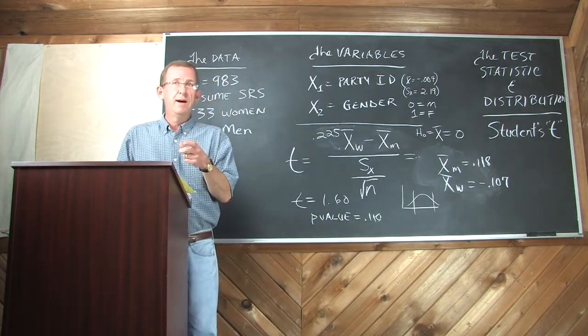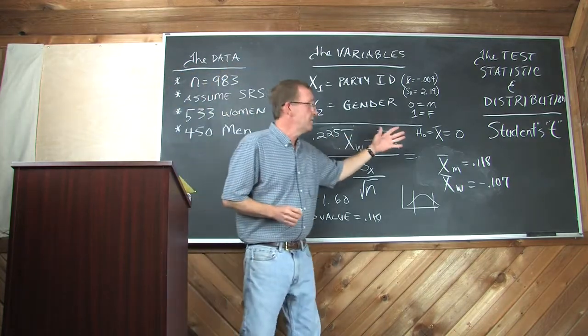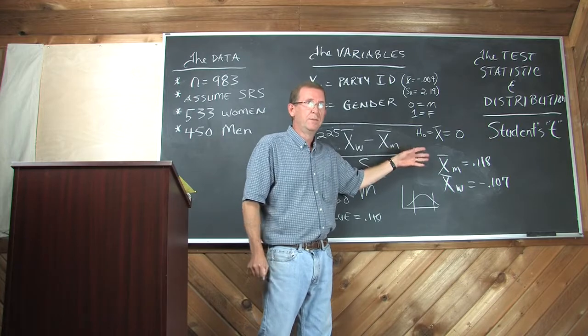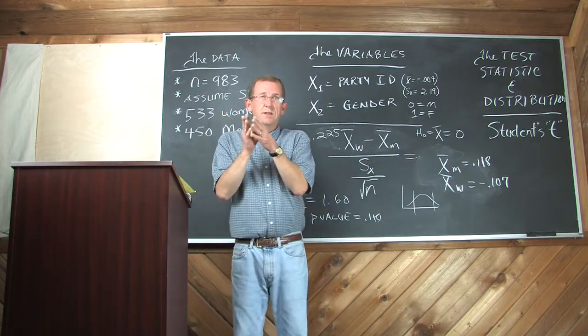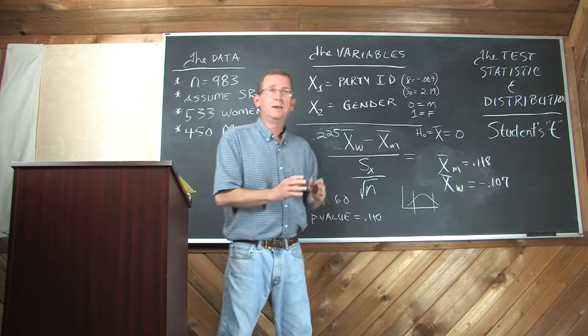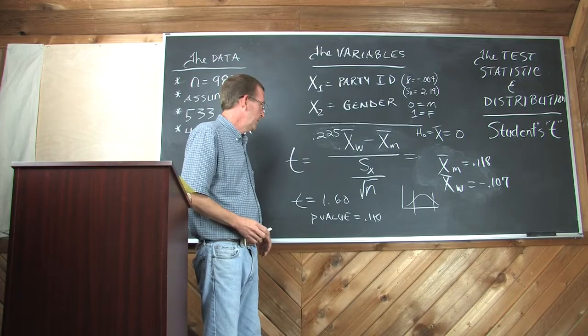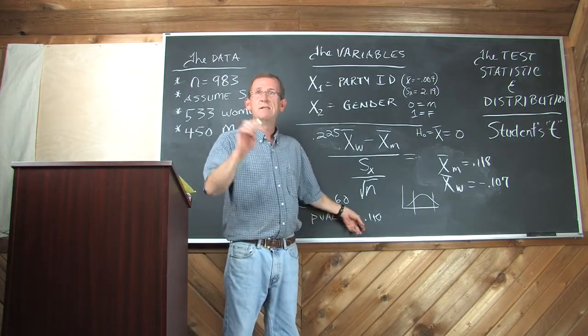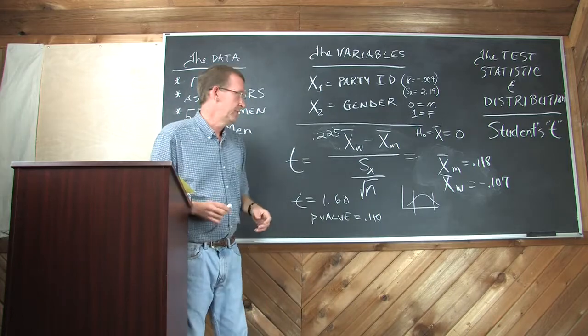It's not 0.05. So we have an observed partisan difference in this sample between men and women. Men leaning toward the Republicans slightly, and women slightly leaning toward the Democrats in terms of party identification. But it doesn't pass that Fisherian threshold of 0.05 to say that we have statistical significance.